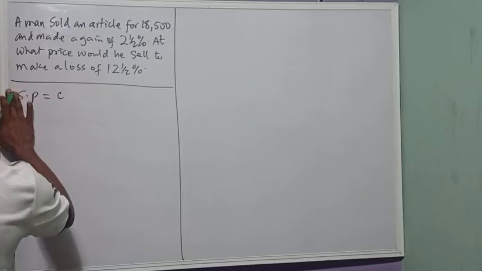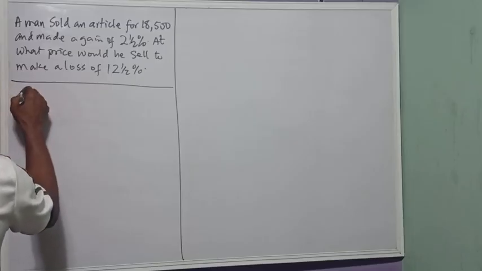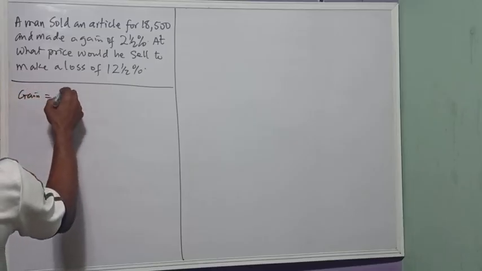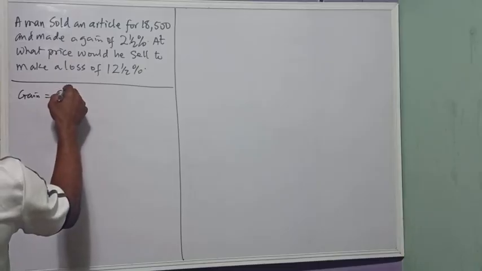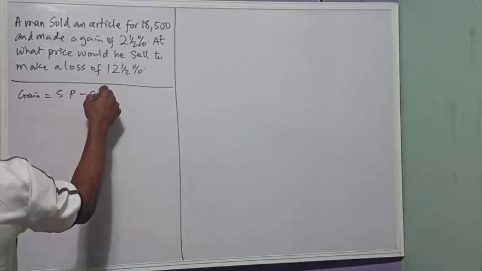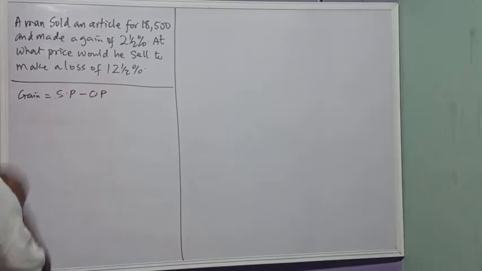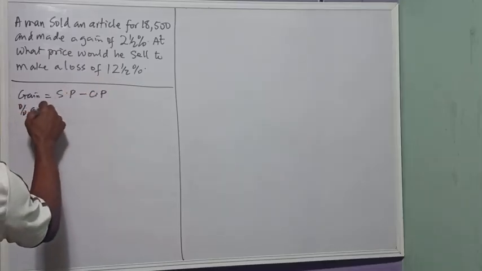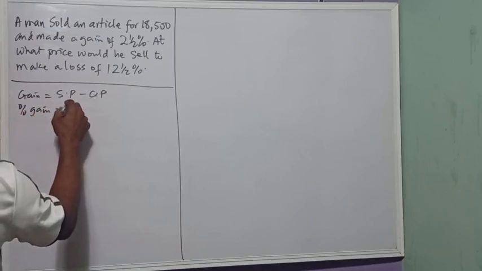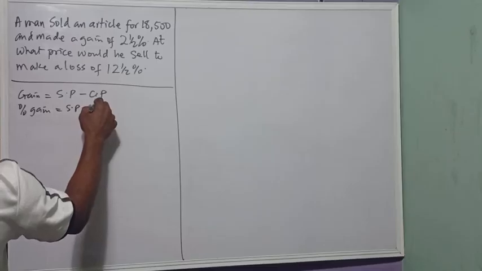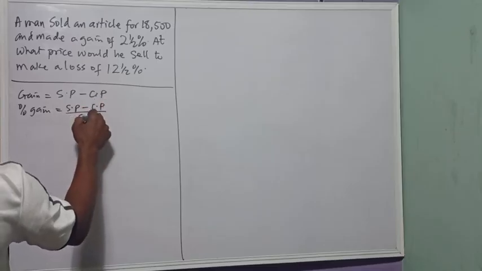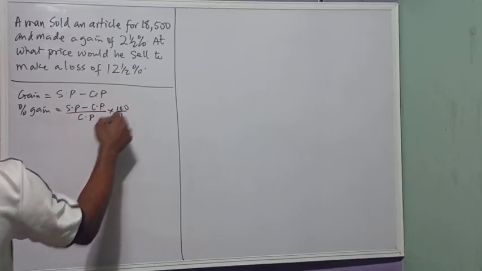Okay, let's start with gain. Our gain equals selling price minus cost price. Okay, and our percentage gain will be our selling price minus cost price all over cost price times 100/1.